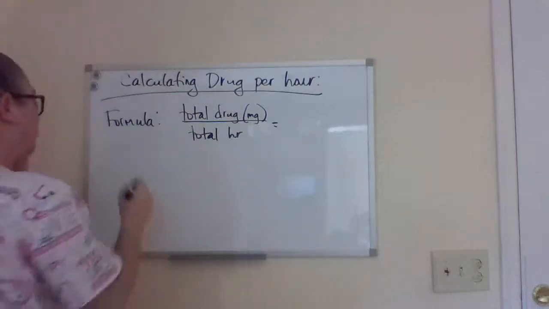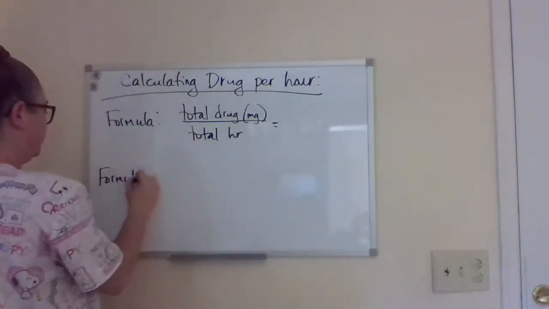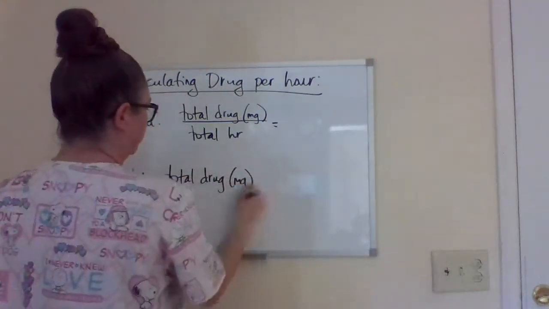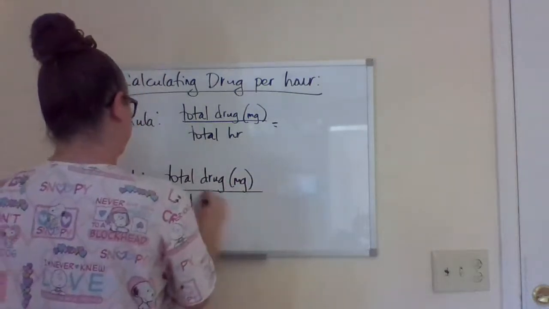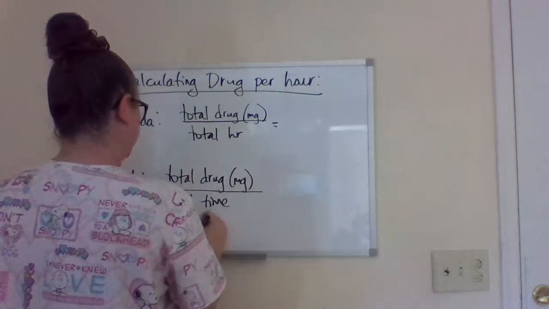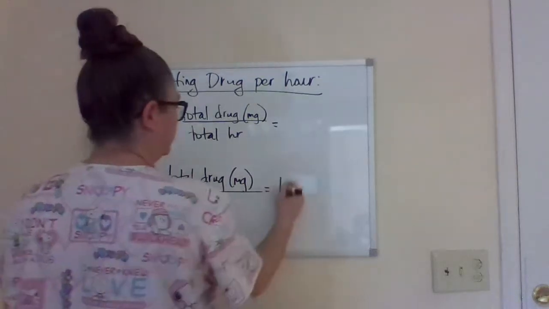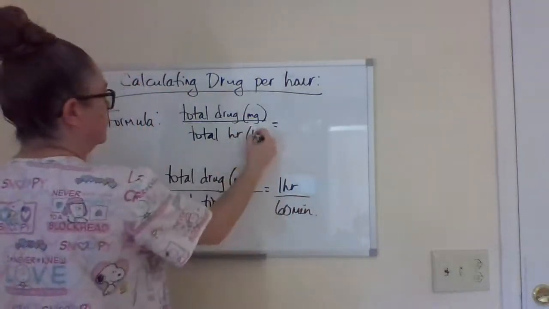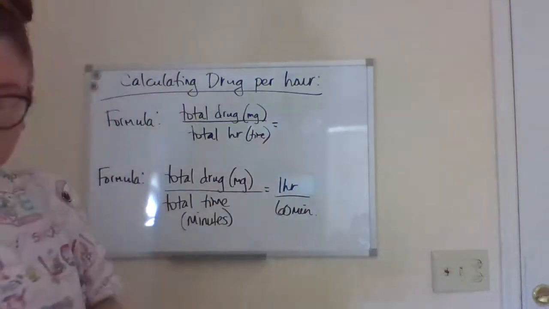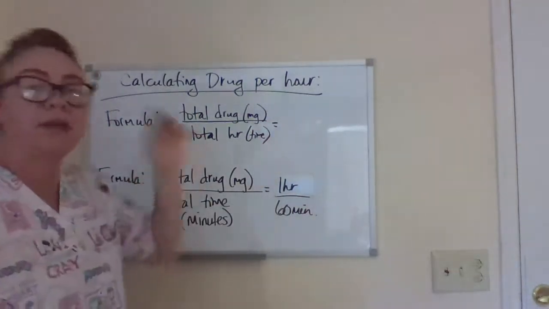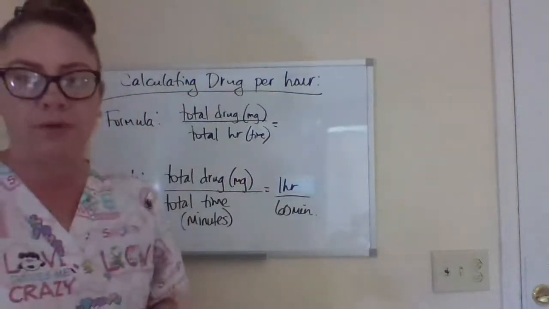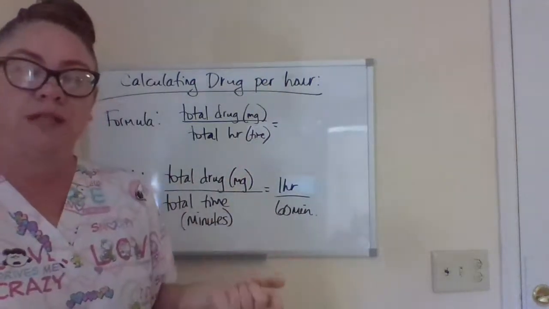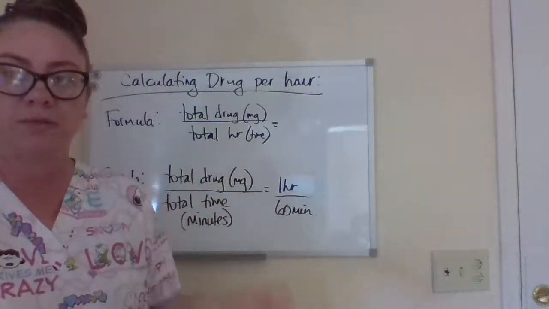So it's pretty much the same concept. The only thing is that these type of problems are going to also include the size of your bag. But when you're determining how much drug per hour is being administered, you don't need to know the size of the bag. You just need to know how long that is going to be infused.